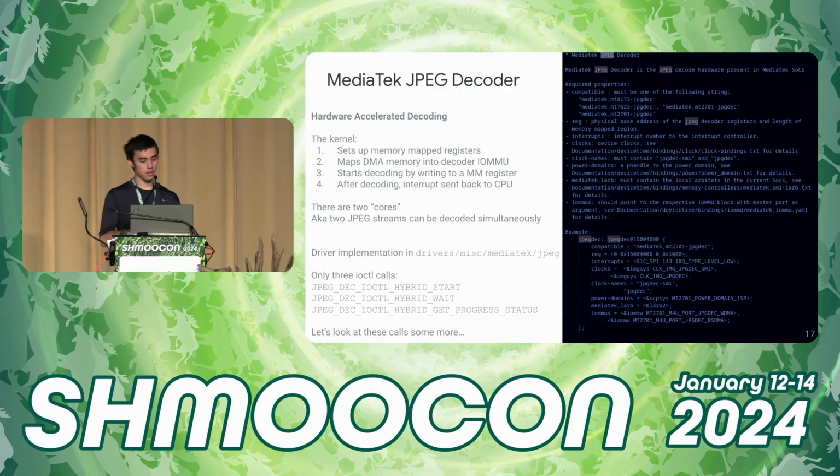The hybrid start is simply used to start a JPEG decoding operation, and then once the decoding operation begins, the userland process will call hybrid wait, and then just wait for the interrupt to get sent back. So it's basically these 2 ioctls. There's one other, but it's uninteresting. For at least this talk, there's basically 2 ioctls that are used, and they just bounce back and forth. Start, wait, start, wait.